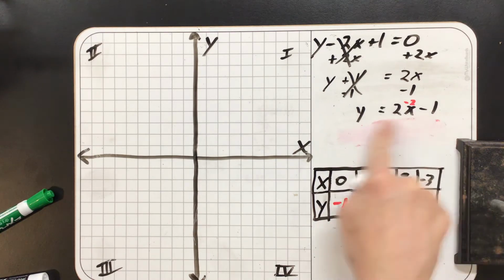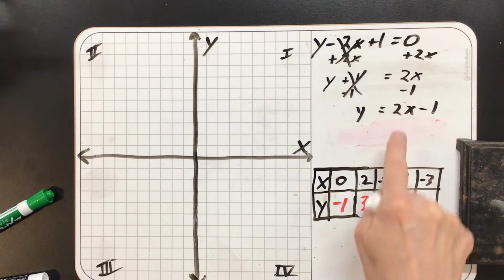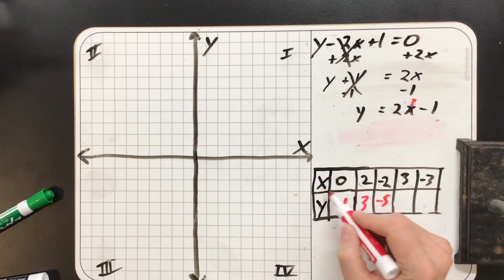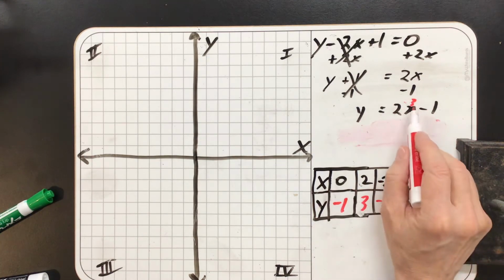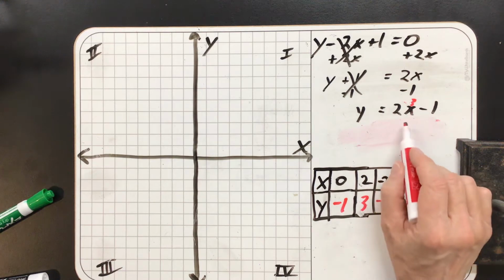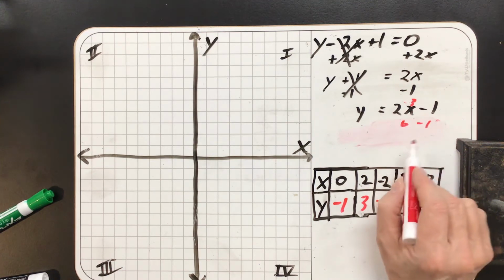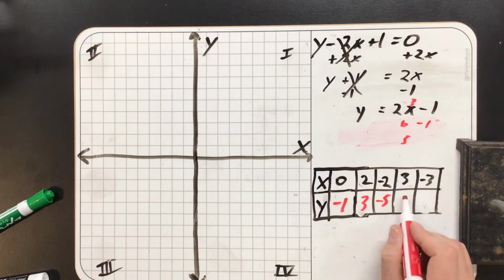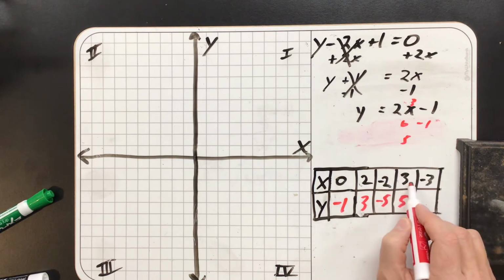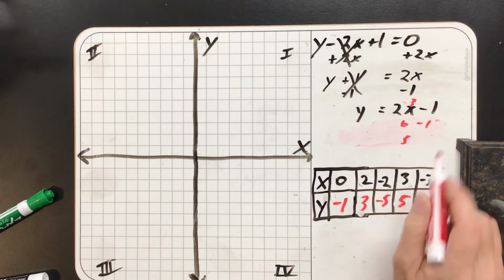And then I'll plug in 3 for x. So 2 times 3 is 6, minus 1, or 5. So when x is 3, y equals 5.